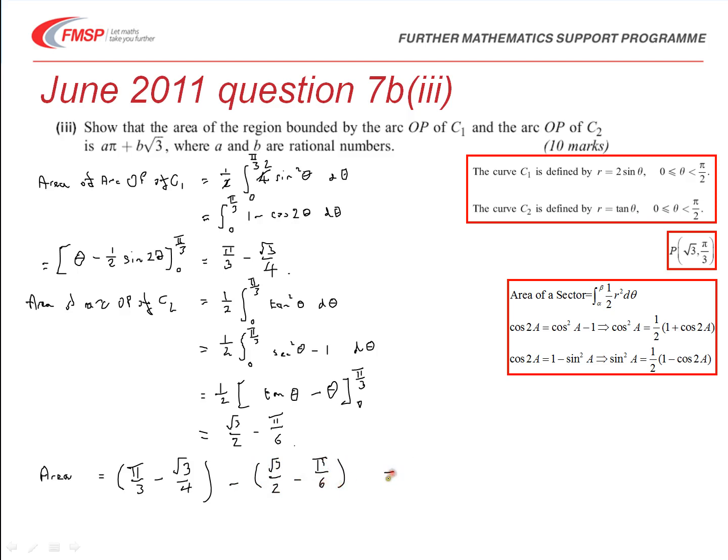And if we simplify that, we've got pi by 3 and minus minus pi by 6, that's plus pi by 6. Well, pi by 3 is 2 pi by 6, plus another pi by 6 makes 3 pi by 6, which cancels down to pi by 2.